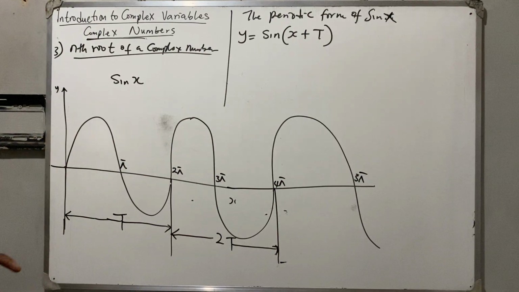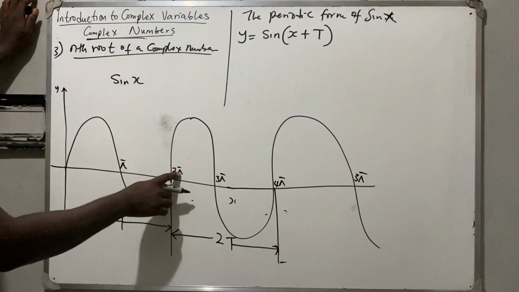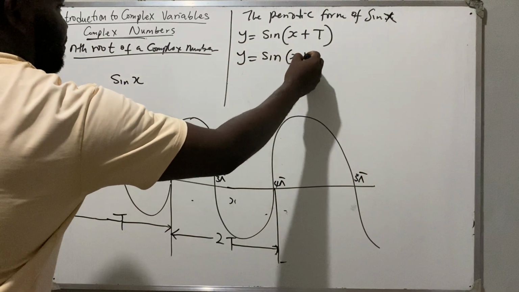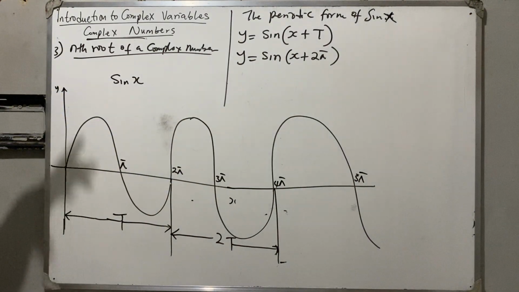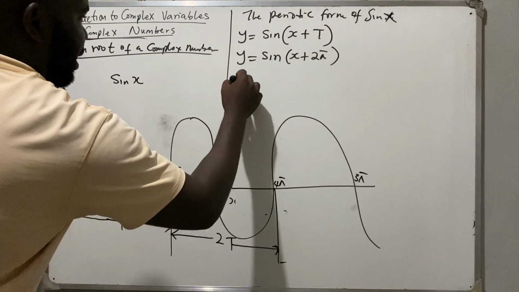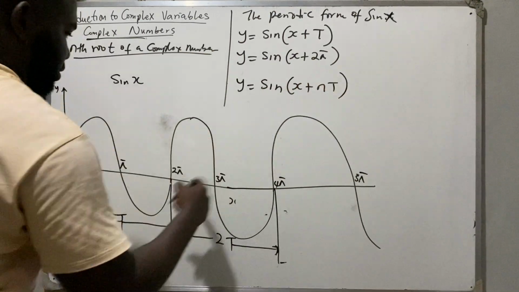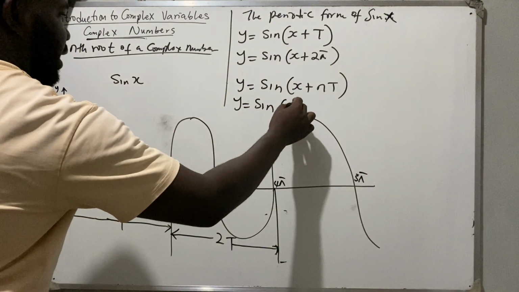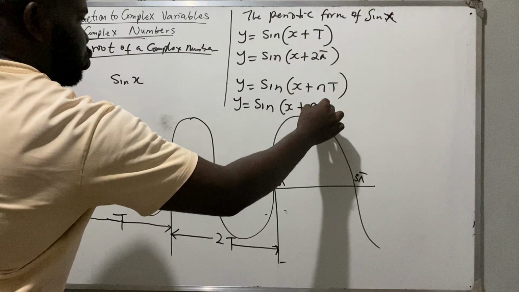One oscillation is the complete circle, and remember that T is the same thing as saying from here to here, which is 2 pi. So y is equal to sine of x plus 2 pi. This continues for any number of periods, so y is equal to sine of x plus 2n pi.